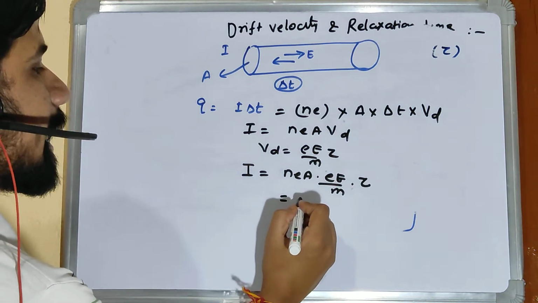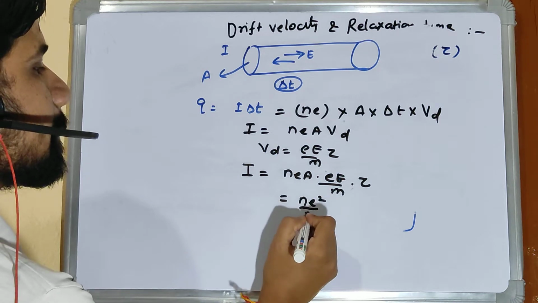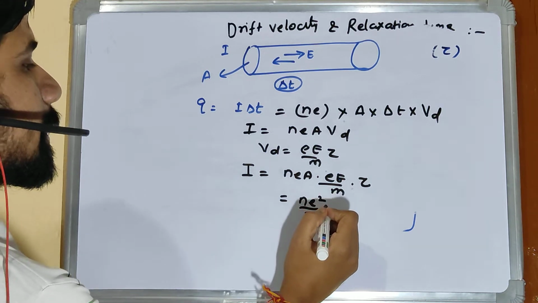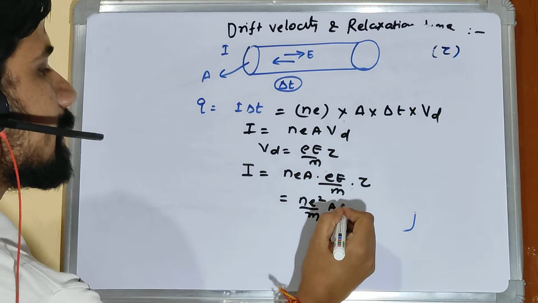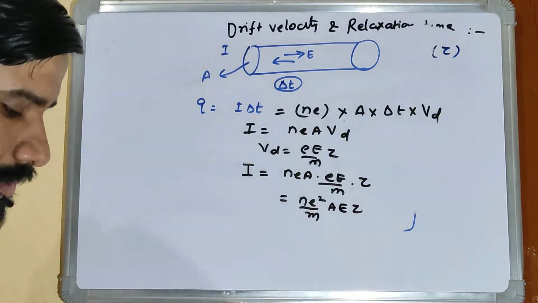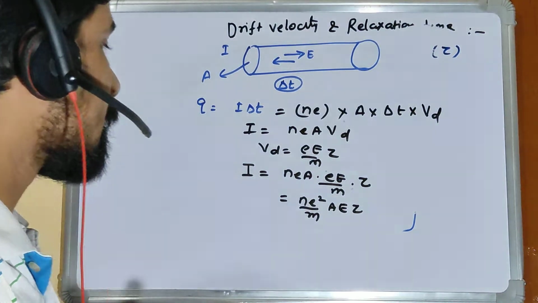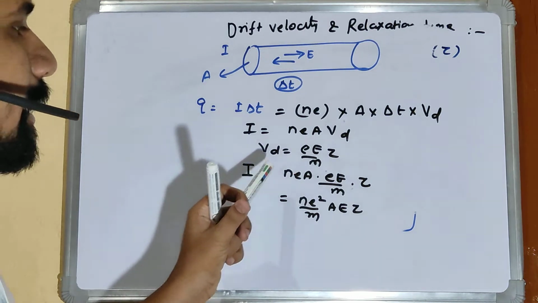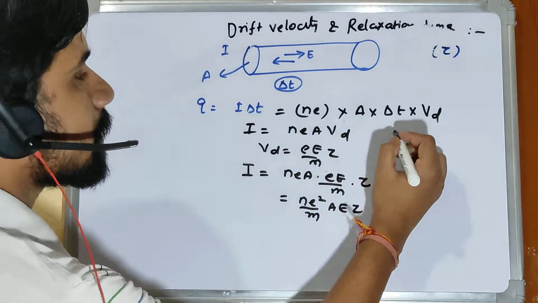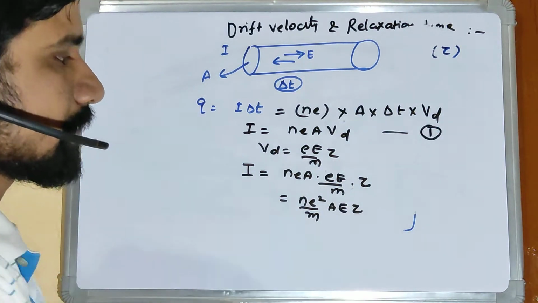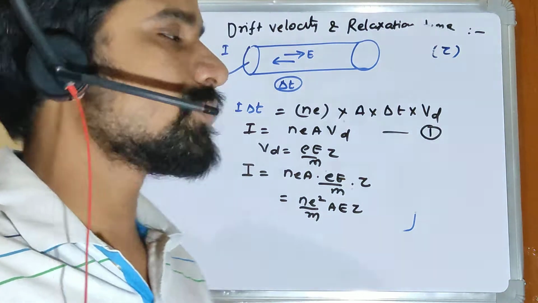Which is n e square by m A E tau, right? This is a relation between current and drift velocity. This is the relation, and finally we have put the expression for drift velocity also.